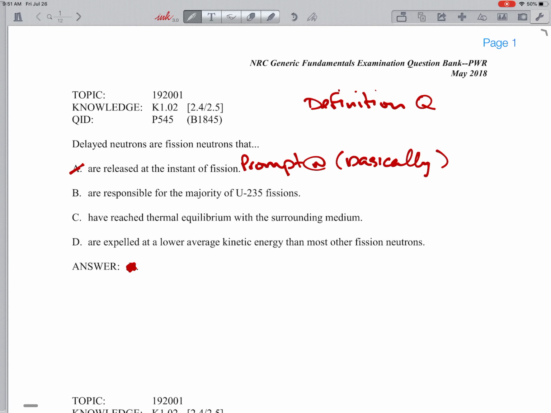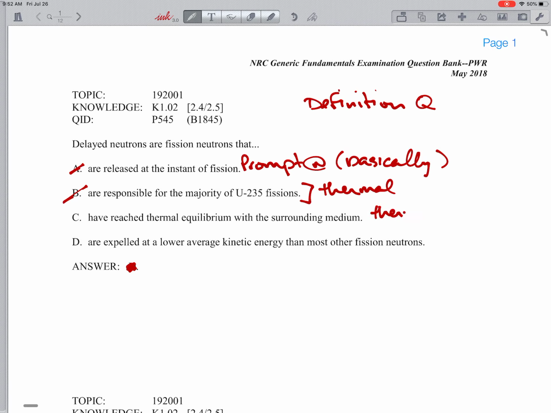Are responsible for the majority of U-235 fissions. So that isn't right, those are going to be thermal neutrons. Have reached thermal equilibrium with the surrounding medium.